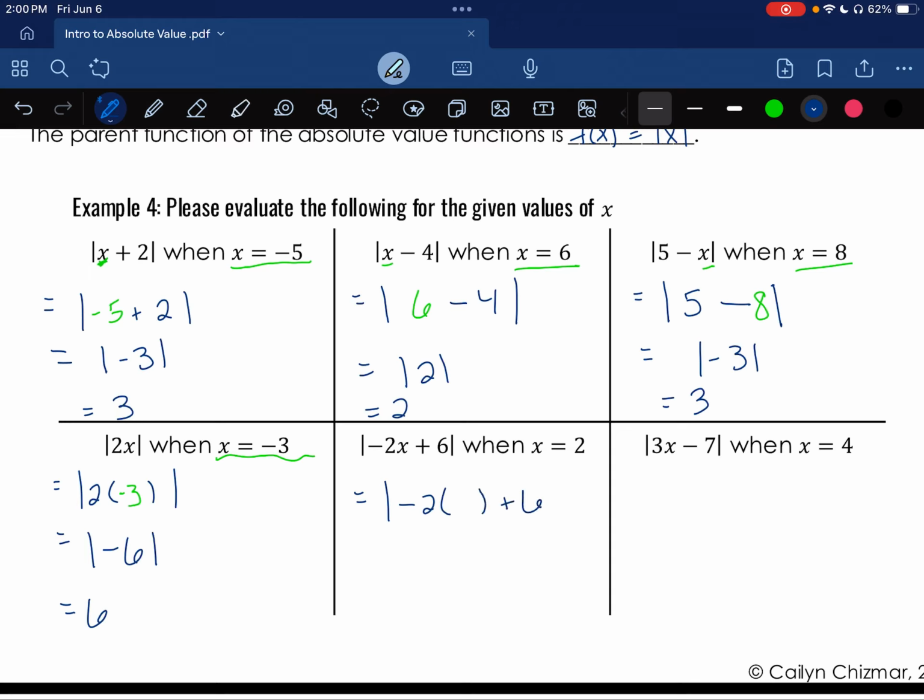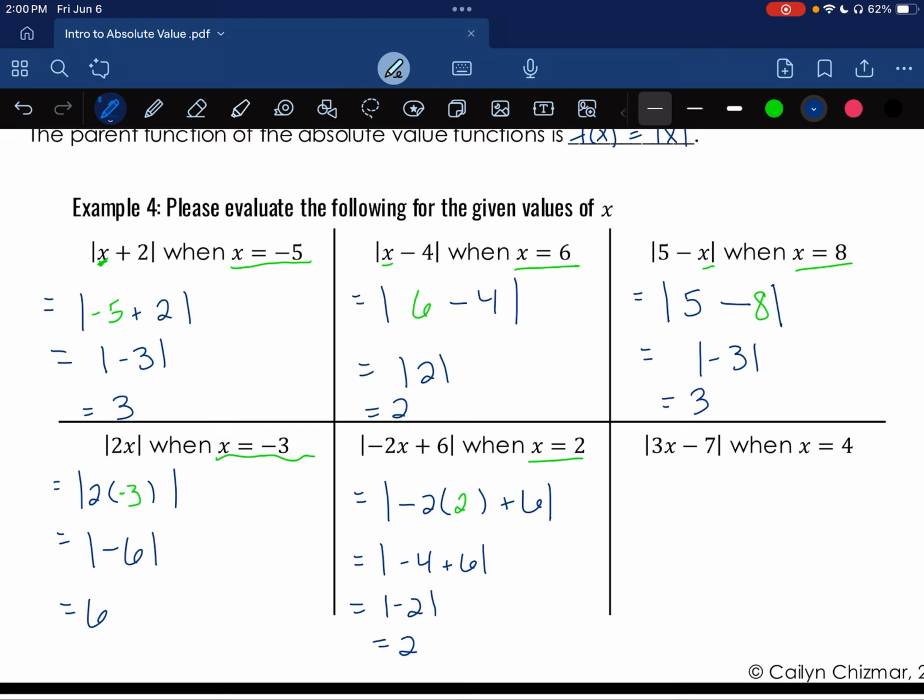So anytime I'm evaluating an expression and multiplying like this, I'm going to use parentheses, because this isn't -22, this is -2 times 2. It would look like -22 if I didn't put those parentheses in there. So this is going to be -4 plus 6, which will be 2.